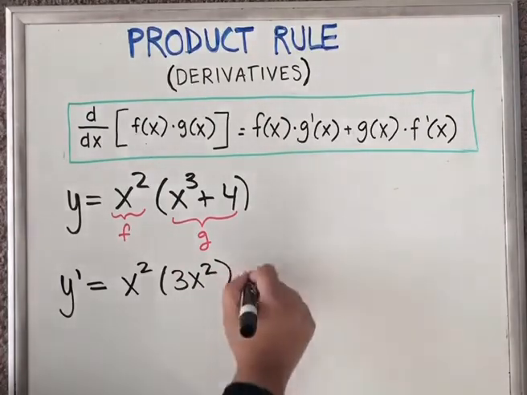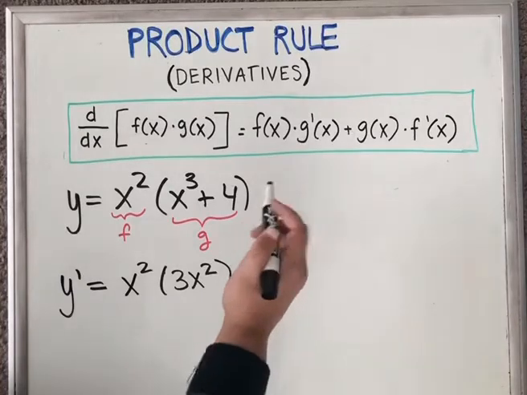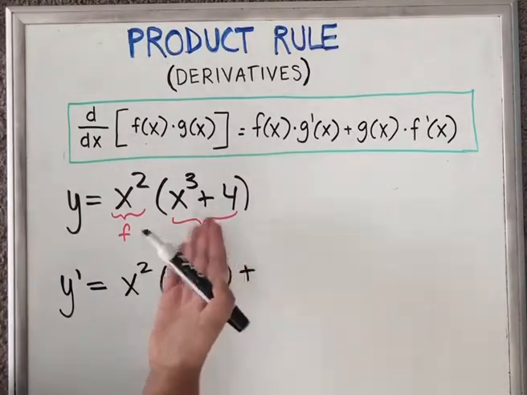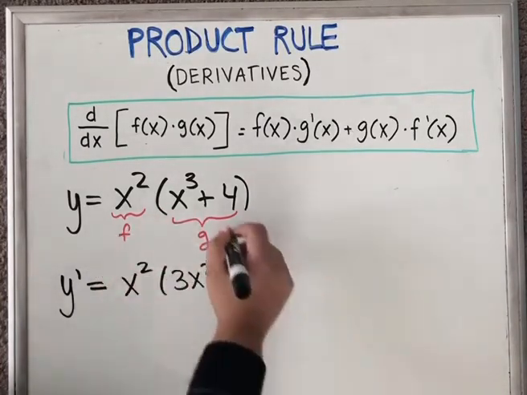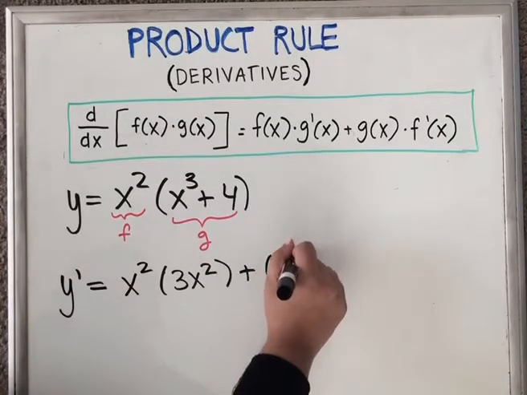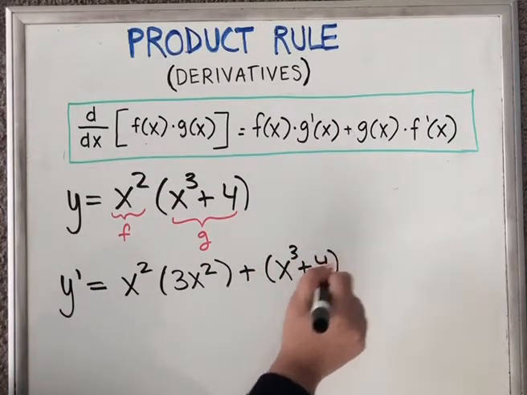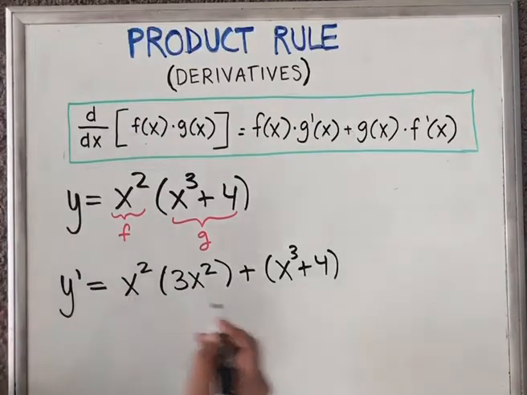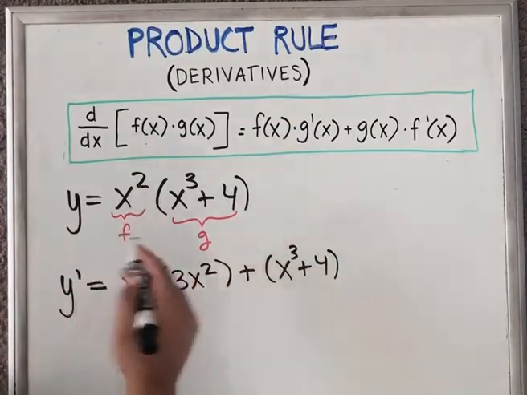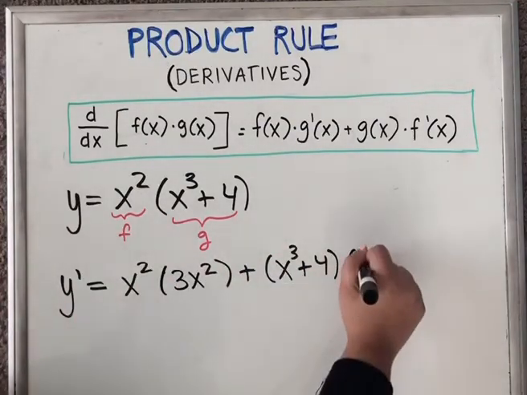And we have a plus sign, and then we're going to take the opposite, so g times the derivative of f. So g here is x cubed plus 4, and the derivative of f, using the power rule again, would be 2x.